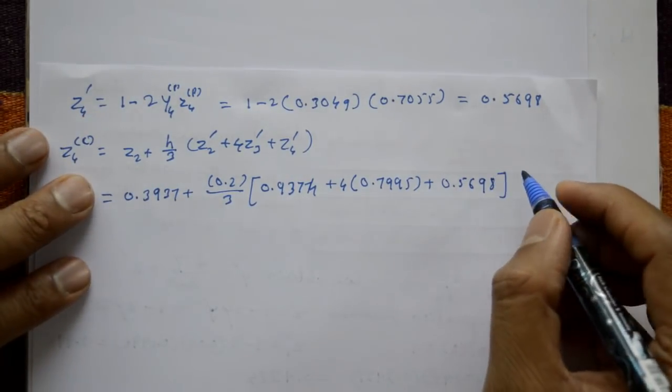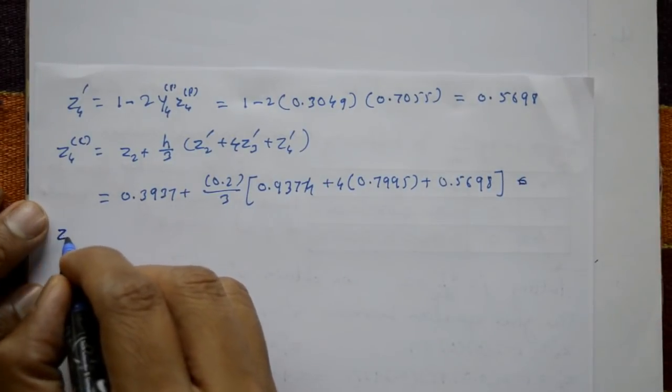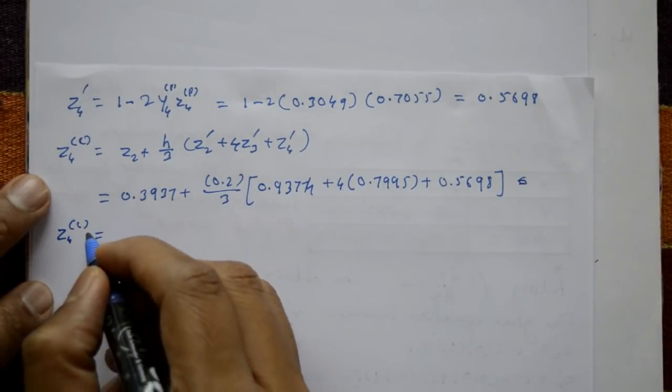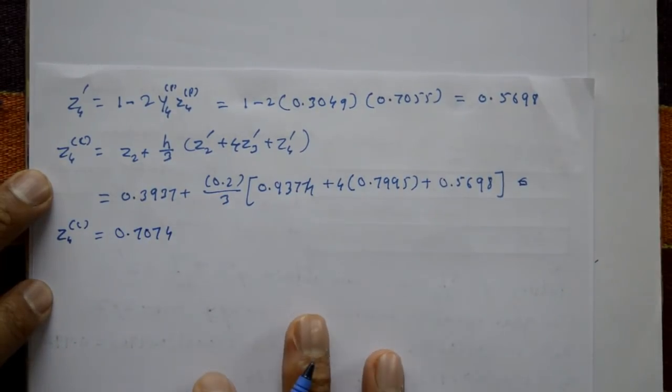This is equal to the z4 corrector value, 0.7074.